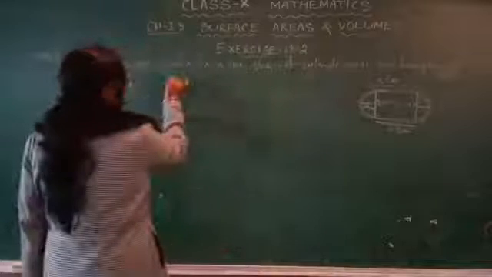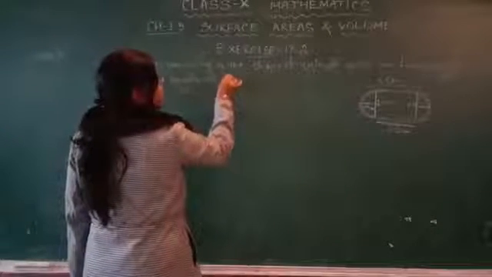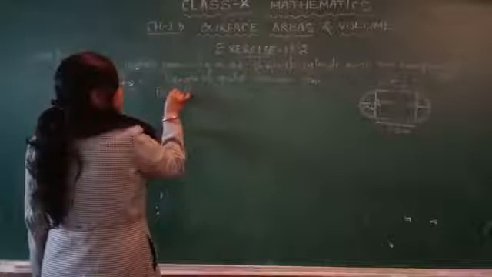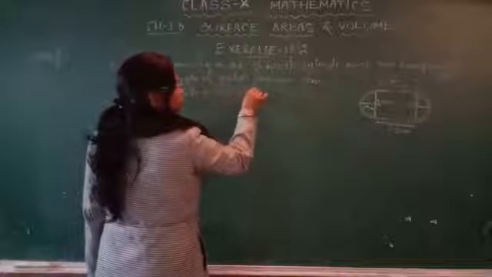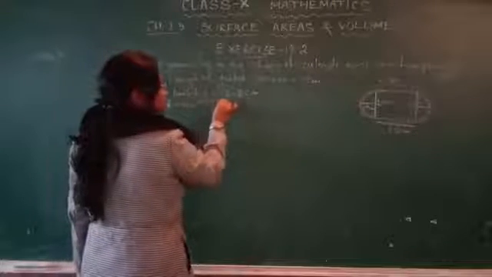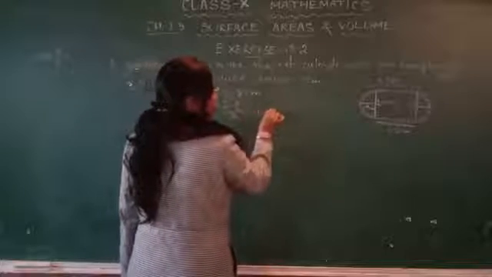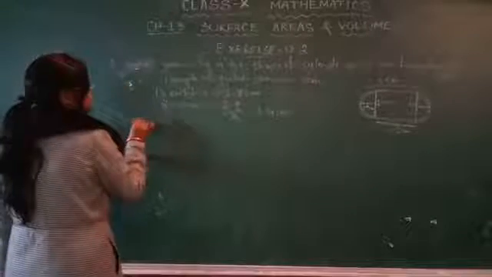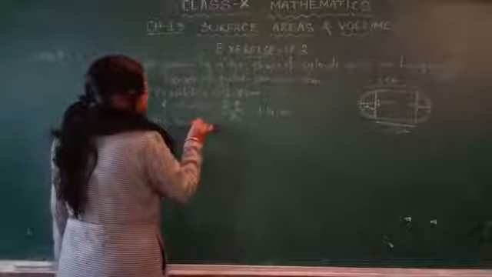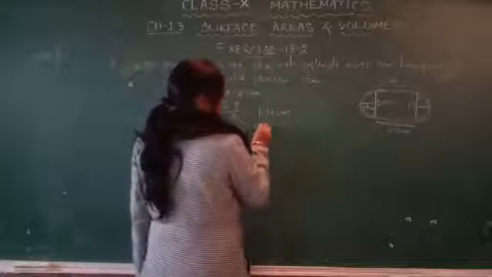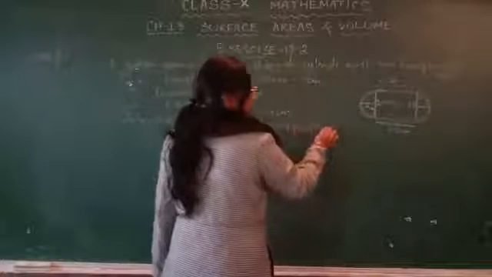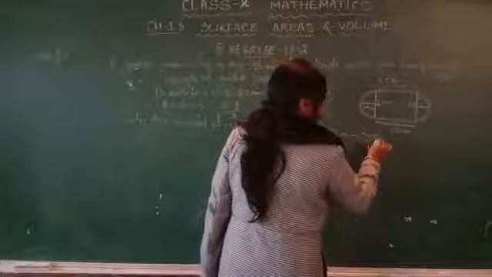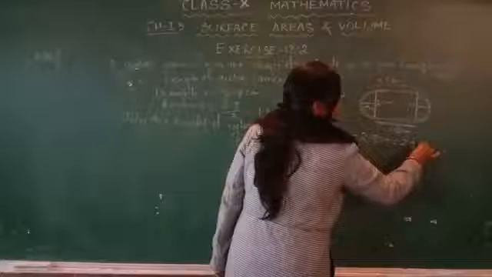And the length of the gulab jamun is equal to 5 centimeter and the diameter is 2.8 cm. The height of the cylindrical part is equal to 5 centimeter minus 2 into 1.4, that is 2.8 centimeter, that is 2.2 centimeter.